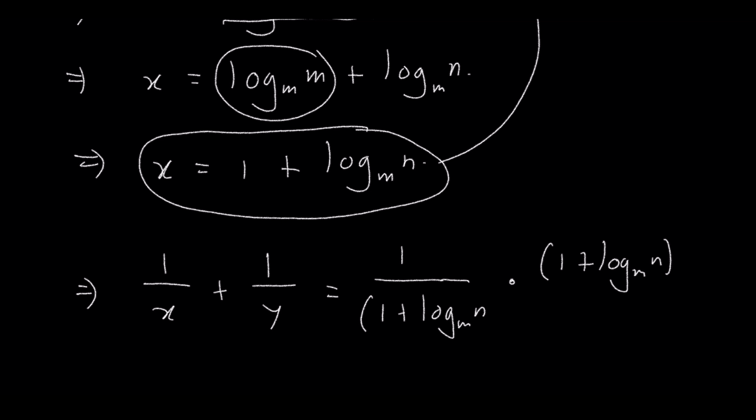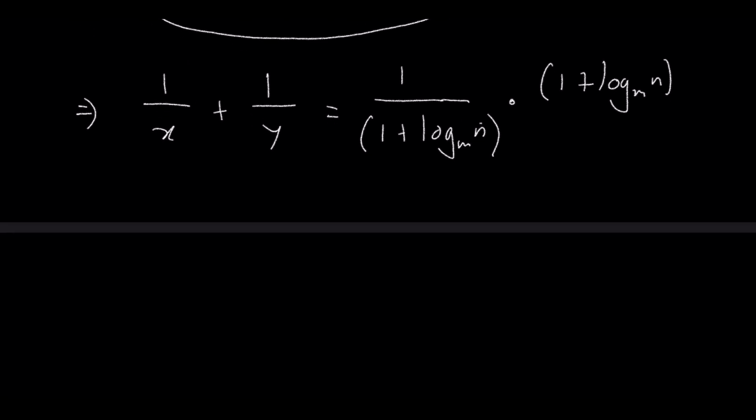And of course, 1 plus log to the base m of n divided by 1 plus log to the base m of n is just 1. So that means we know that 1 over x plus 1 over y is equal to 1.